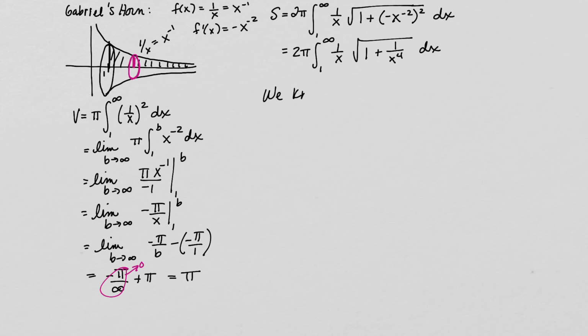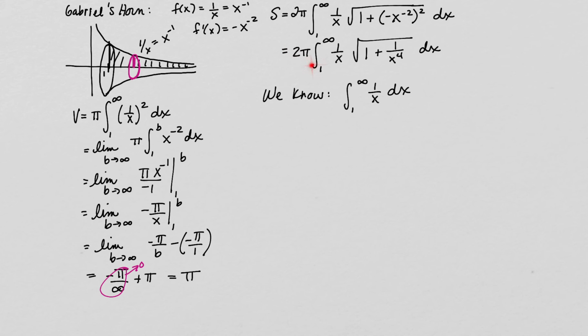We know how to find the integral from 1 to infinity of 1 over x dx. And we know that the integral we were given is going to be bigger than this. We can figure out what this one is, and then I know that the given integral is going to be bigger than it.